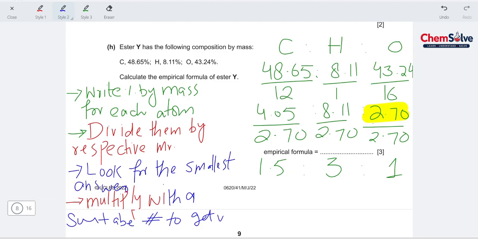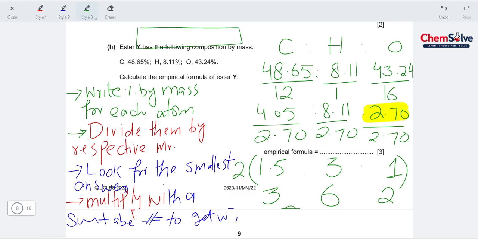I will simply multiply them with 2, because by multiplying with 2, this would be 3, this would be 6, and this would be 2. So my empirical formula would be C3H6O2. This is my empirical formula.